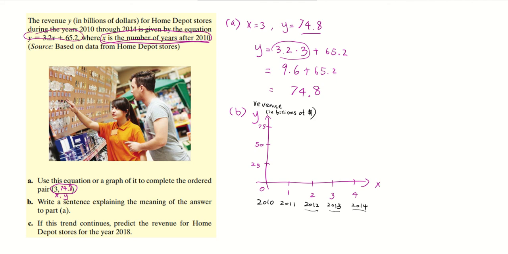So when x is 3, y is 74.8. I would say it's pretty close to 75. So right here, (3, 74.8). So this point means in the year 2013, the revenue for Home Depot is 74.8 billions of dollars.